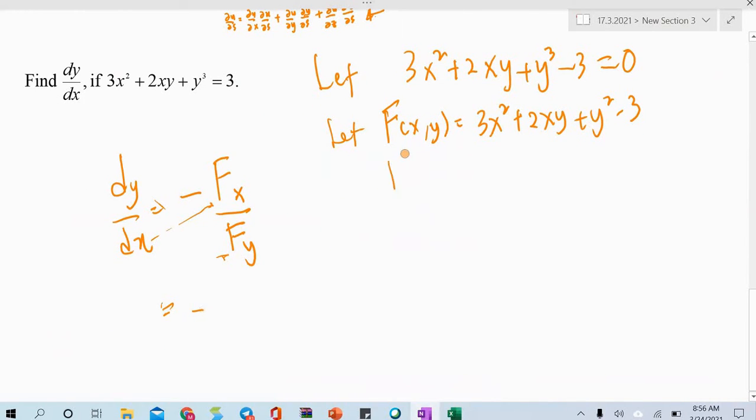You have to differentiate this with respect to x. When you differentiate with respect to x, the y will be constant. Is it 6x plus 2y? Correct. Fy is 2x plus 2y.